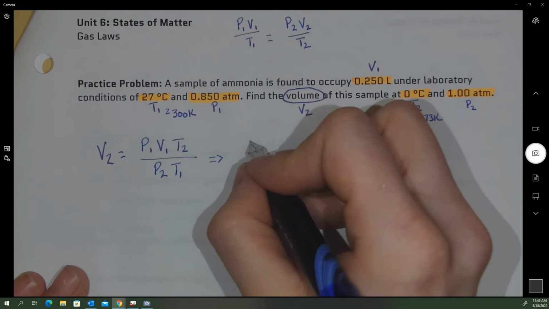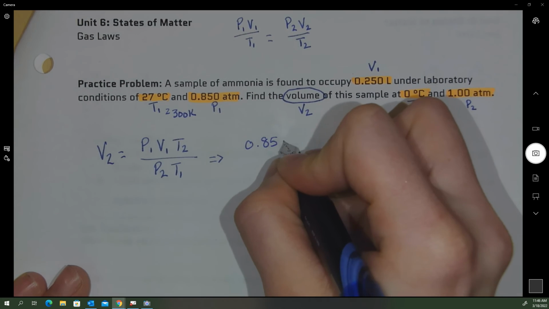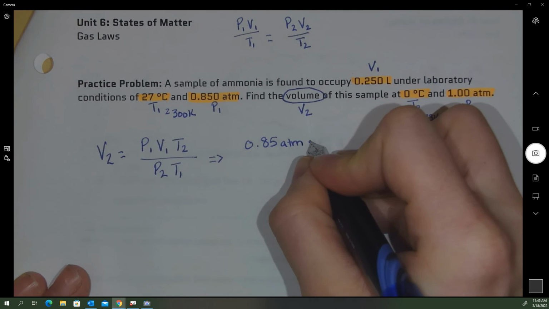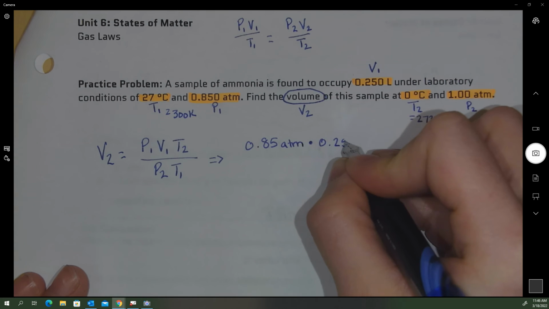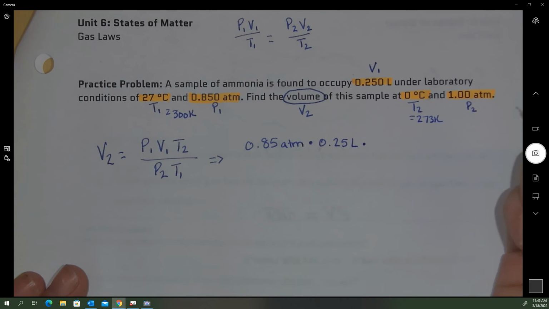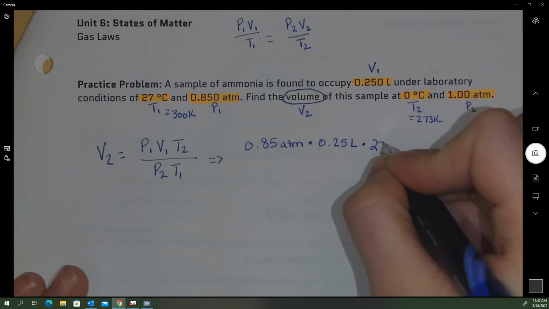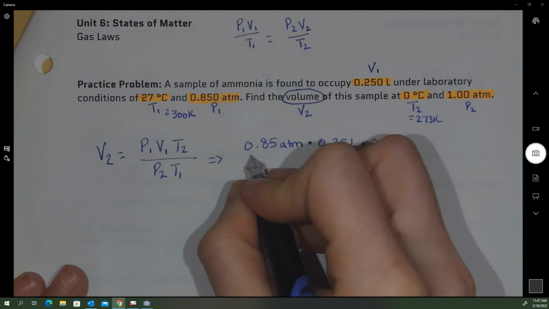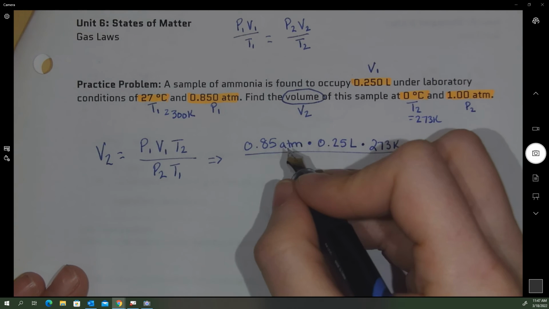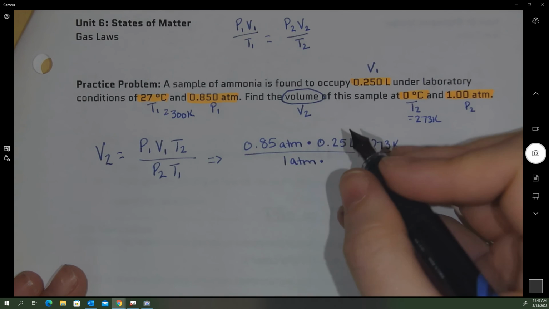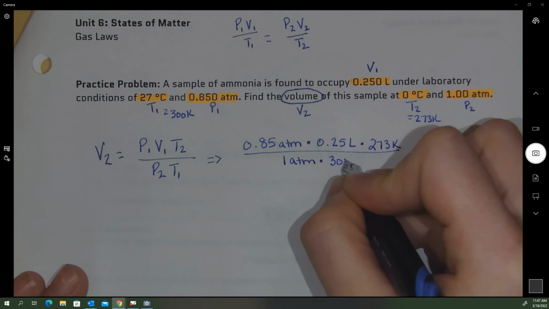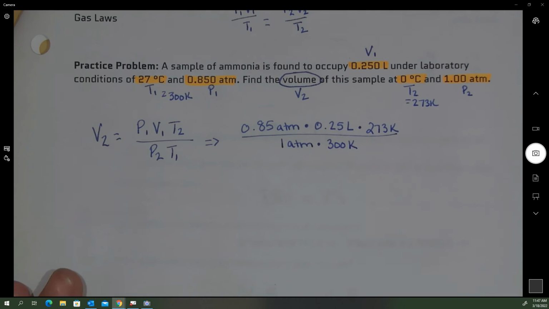So pressure 1 is 0.85 ATM times volume 1, 0.25 liters, times temperature 2, which is 273 Kelvin, over pressure 2, which is 1 ATM, times my first temperature, which is 300 Kelvin.